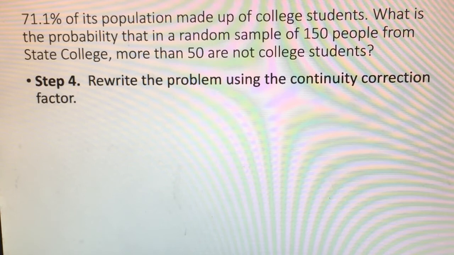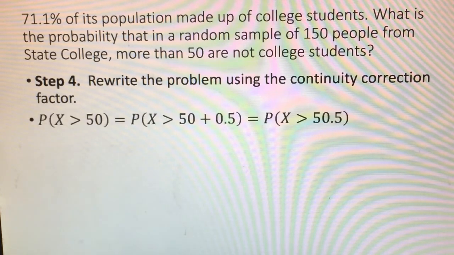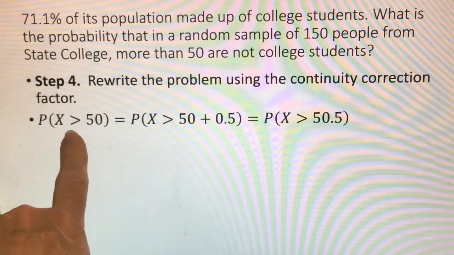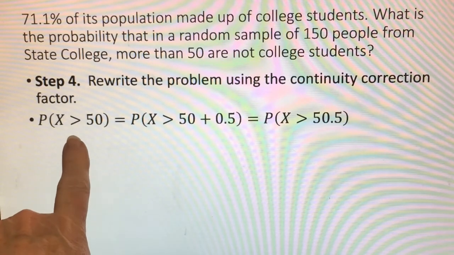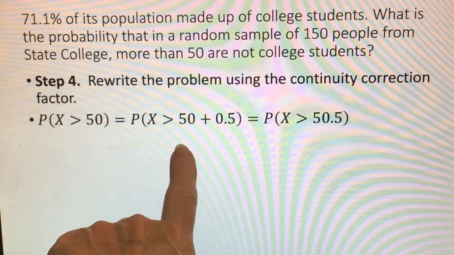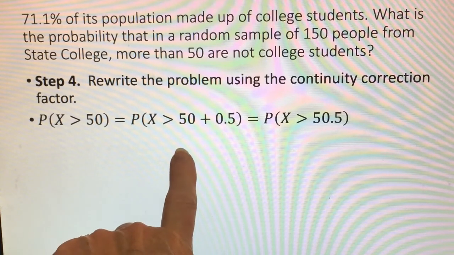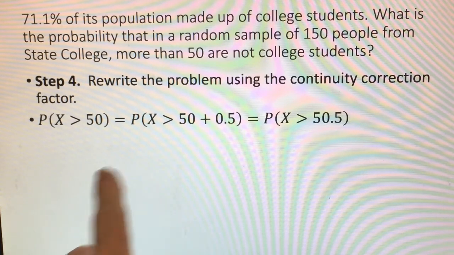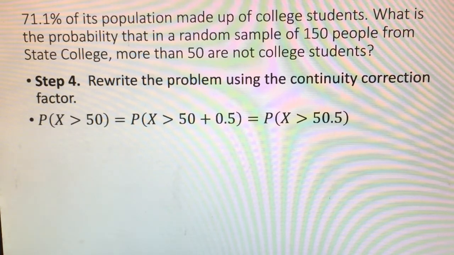Remember, our X is greater than 50 was our binomial thought. Since we're going from a binomial, a discrete probability distribution, to the normal, which is continuous, we must use the correct continuity correction.